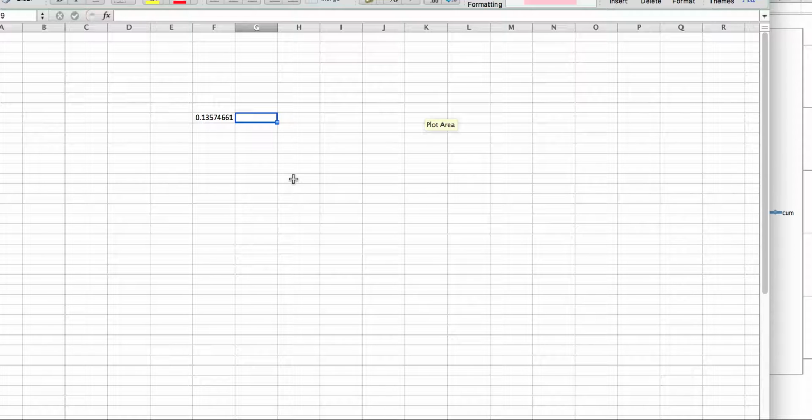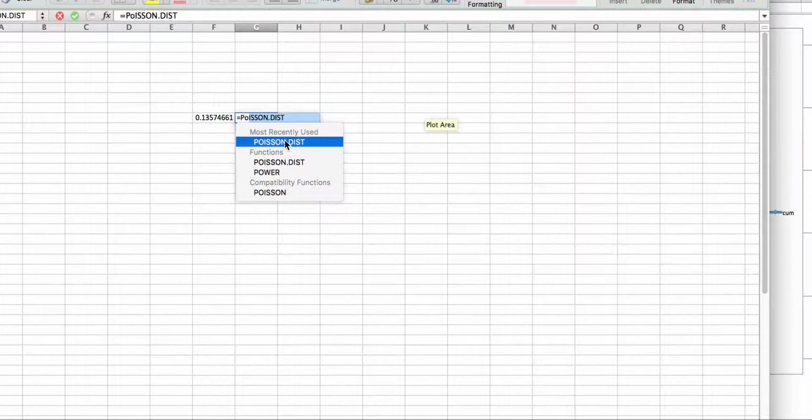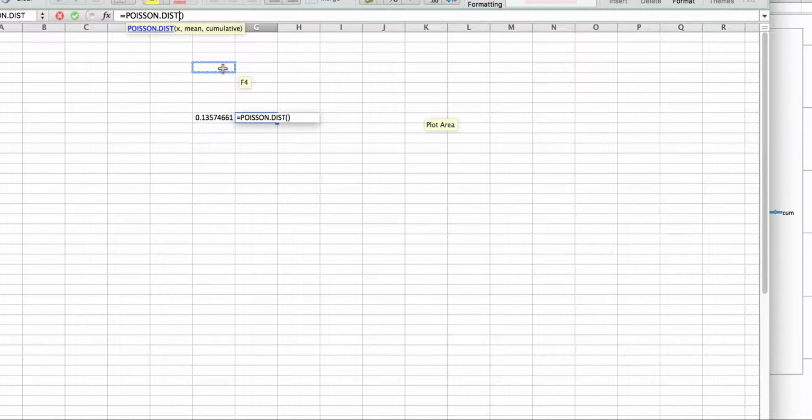We can apply the formula, but Excel makes it very easy for us because it has the Poisson distribution formula built in. We just need to put in our x, mean, and then true or false for cumulative. We will do x equals 0, mean is equal to 0.1357.